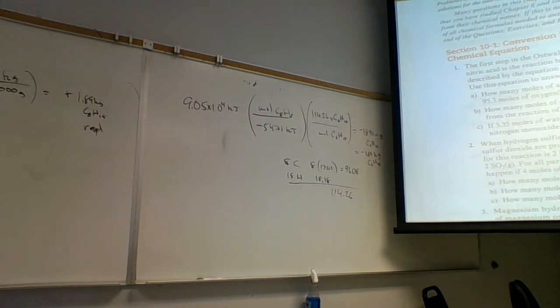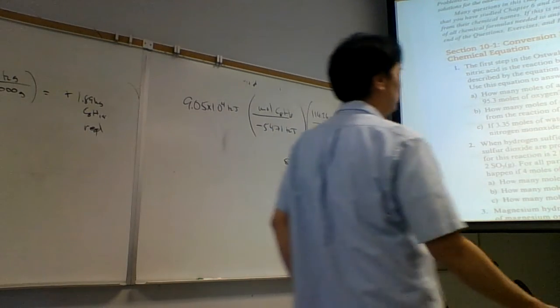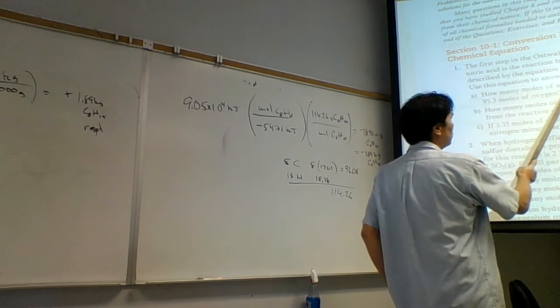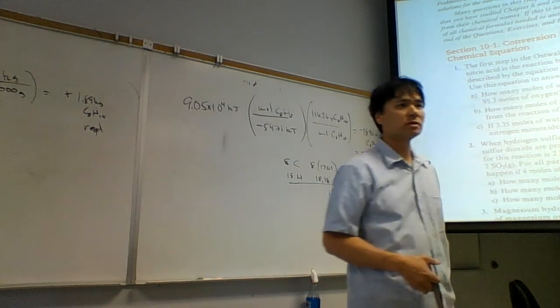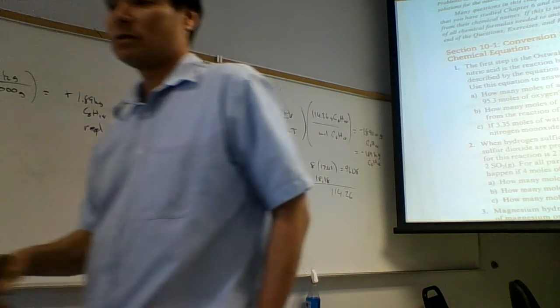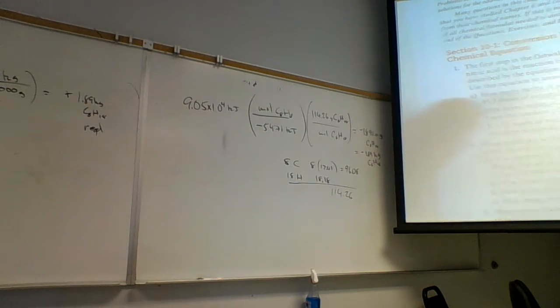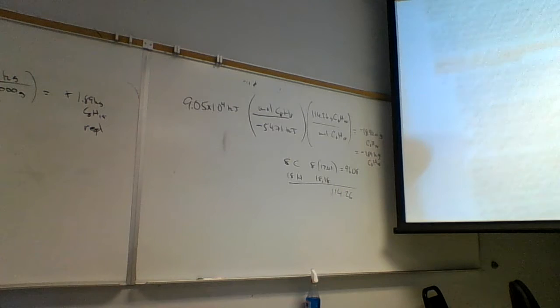When we look at 10.1, it's just mole ratios, 4 to 5 to 4 to 6 mole ratios there. So it's just mole to mole conversions here, 10.1. So look at those problems, they're all mole to mole conversions.